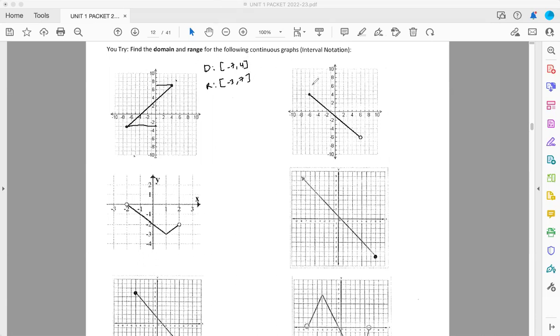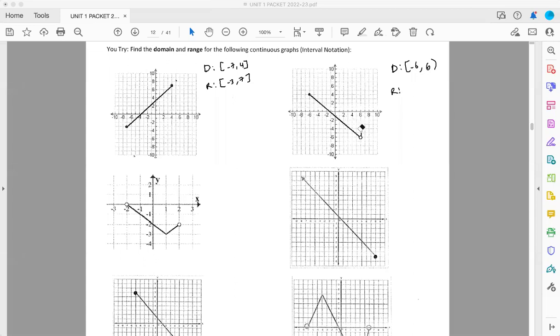For this graph, let's start with domain. Domain means from the left. The leftmost point is -6, and it's included, so it's in a bracket. The rightmost point is 6, but it's an open circle, so it's not included. That means you don't reach it, so you put 6 in parentheses.